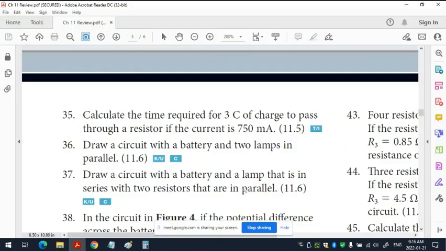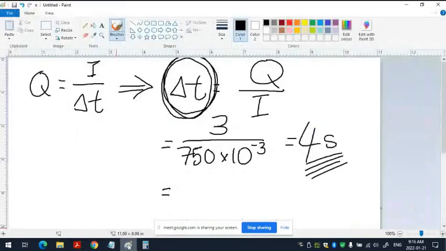Haley, show me. Is the current splitting between them?